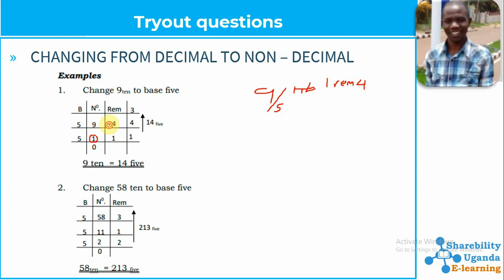After writing our remainder here, we say 1 divided by 5.